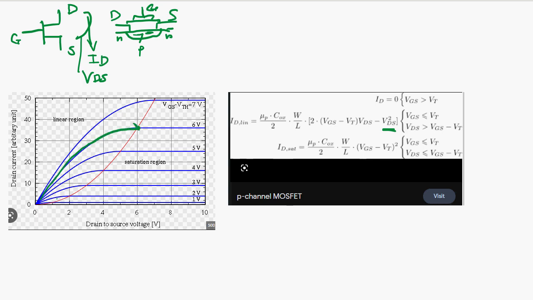Actually this line is defined by this equation.